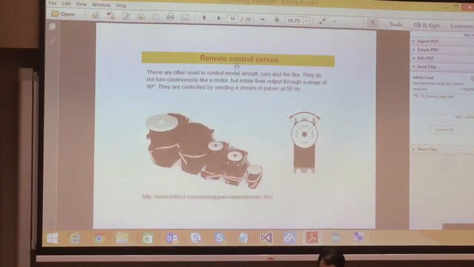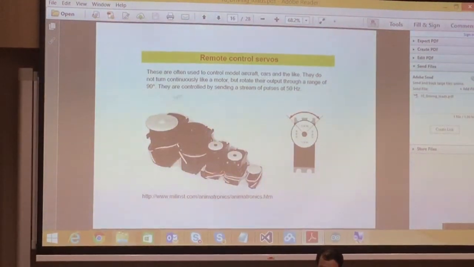For servos, they don't turn continuously like a motor. They rotate their outputs through a range of 90 degrees. So it's like a discrete motion.